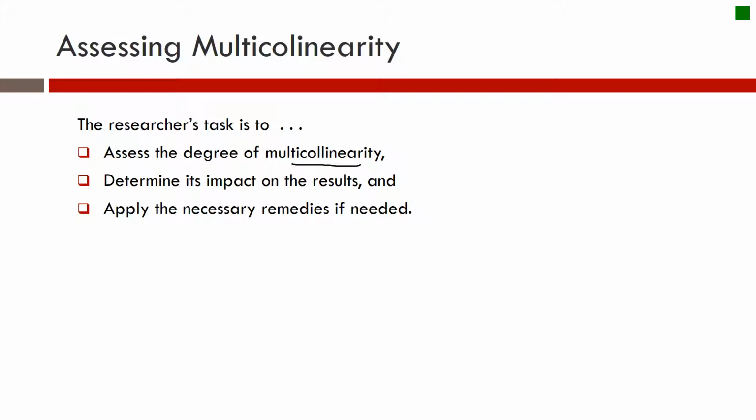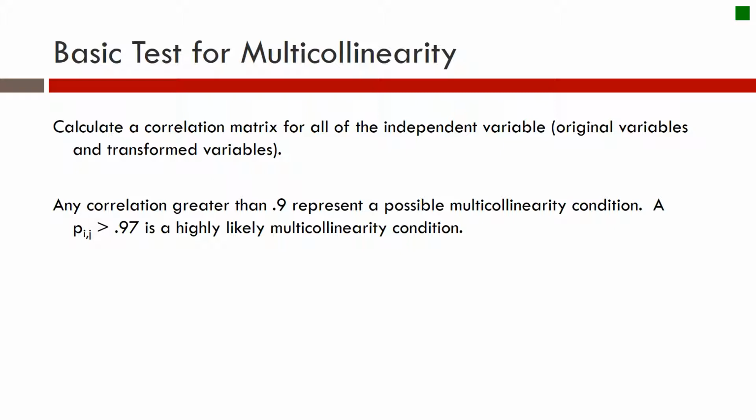And if it does, we want to try to interpret the results or its impact on our results. And then we also want to try to correct for it as needed. So that will be our biggest challenge here, is to think about this whole multicollinearity issue.